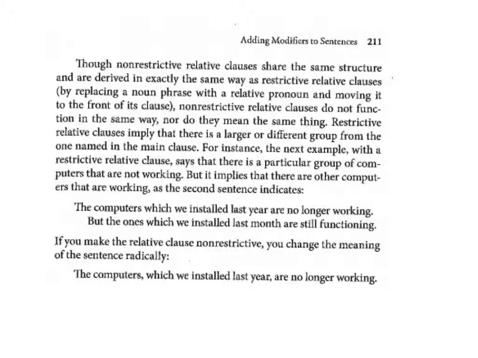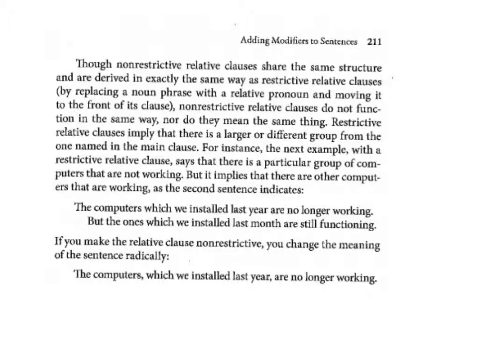The first non-restrictive modifier covered is called the non-restrictive relative clause. And since you are already familiar with relative clauses from a previous chapter, Chapter 6, I believe, I won't need to say much about them here except for two important points. The first is the difference in meaning between a restrictive and a non-restrictive relative clause.